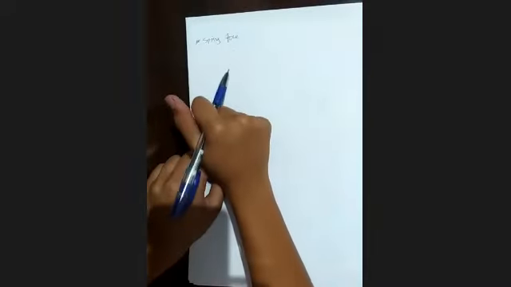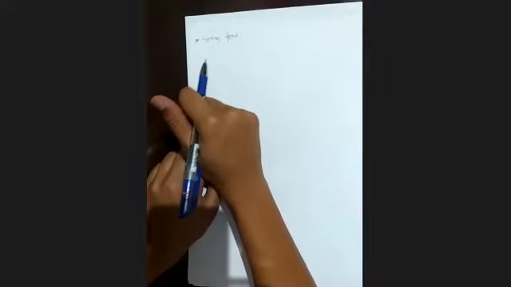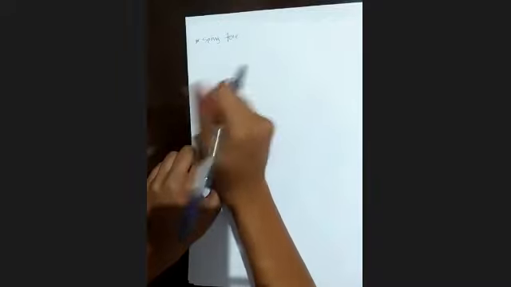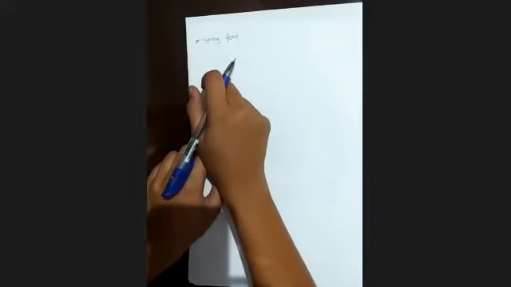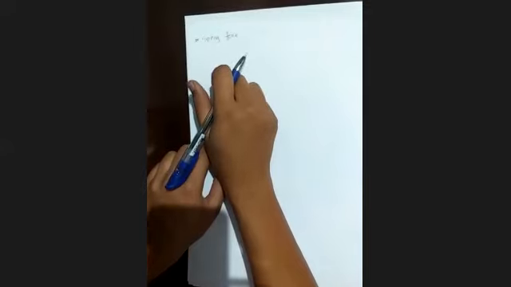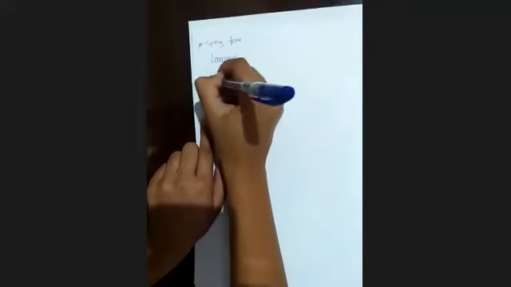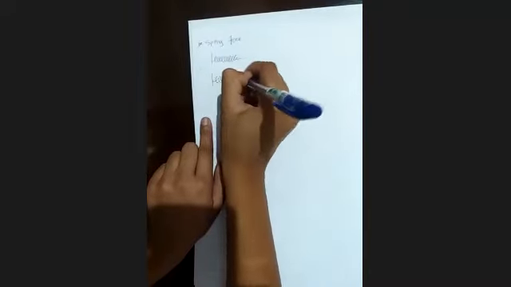Okay, now spring force. The difference between string and spring is that a string is inextensible, while a spring is extensible. A string transmits force, while a spring transmits as well as stores force. A string gives only a pulling force, while a spring gives both pulling and pushing force. Suppose this is a spring, like this is the normal condition, and we stretch the spring by distance x.